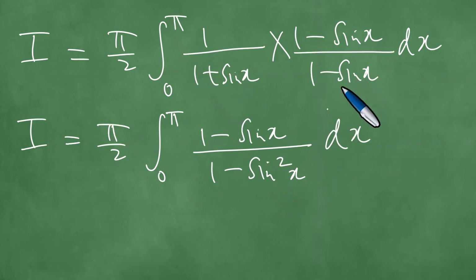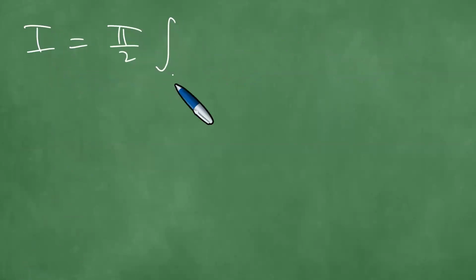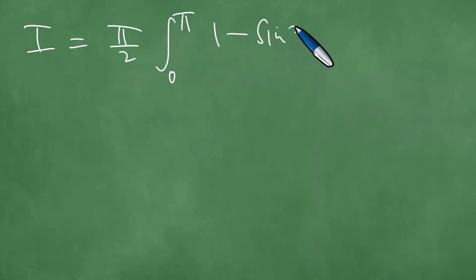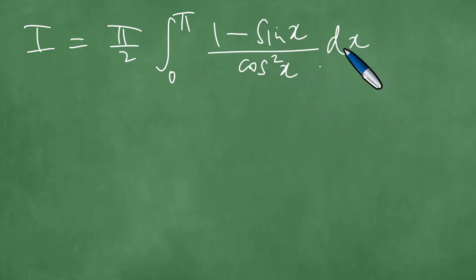This is the integral from 0 to pi of 1 minus sine x over 1 minus sine squared x dx. The denominator becomes a difference of two squares. But 1 minus sine squared is cosine squared, meaning that I equals pi over 2 times the integral from 0 to pi of 1 minus sine x over cosine squared x dx.